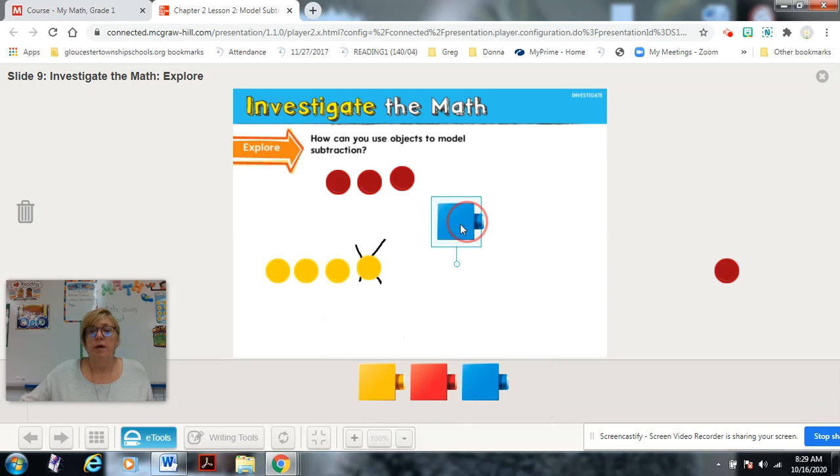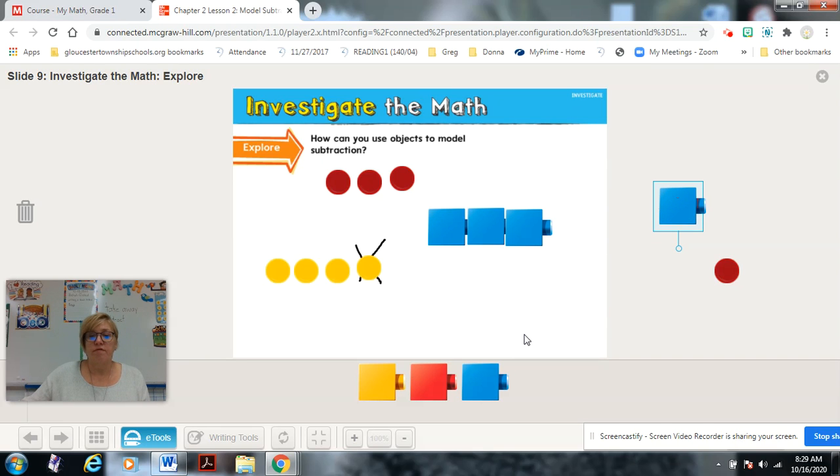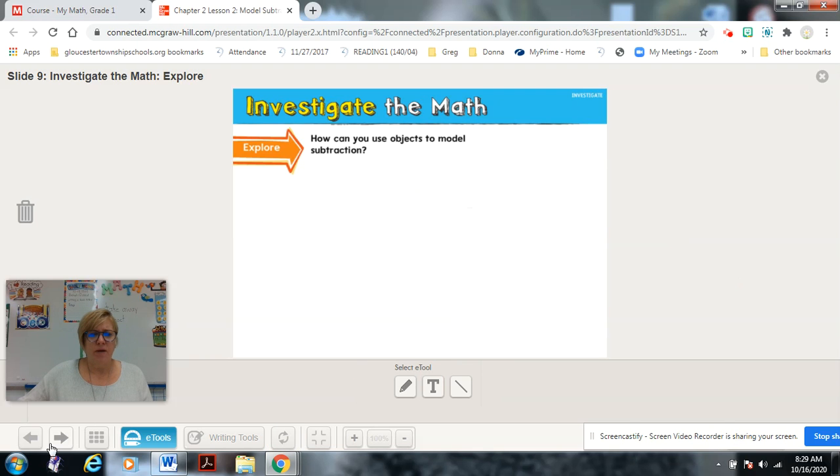They kind of remind me of Legos, all right, because of the way they snap together. Here's connecting cubes, all right? And if I wanted to subtract, I could take one of those off and move it away. So here are 3 different ways with 3 different materials that you can show or model subtraction, okay? Good job. You already do that anyway.